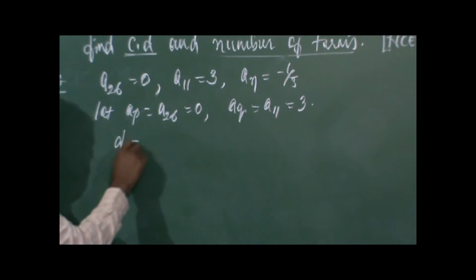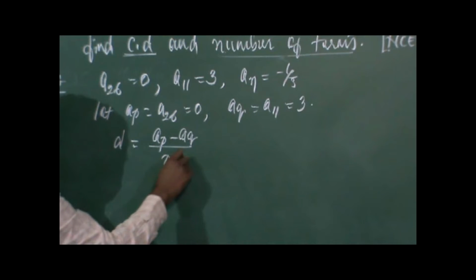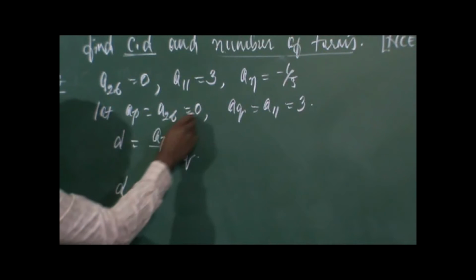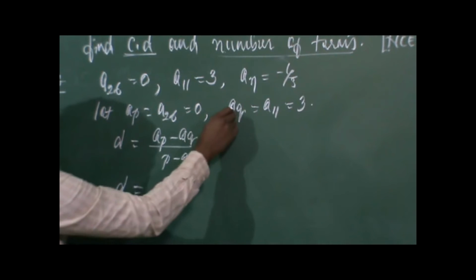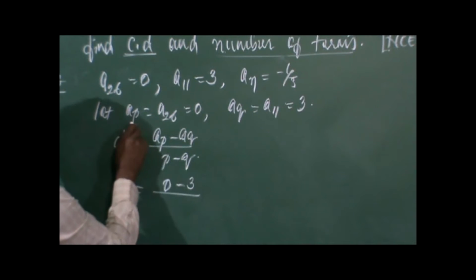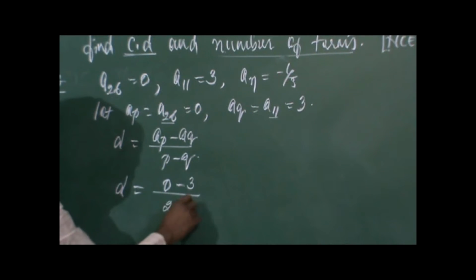So d is equal to AP, which is 0, minus AQ, which is 3, by P minus Q, that is 26 minus 11.